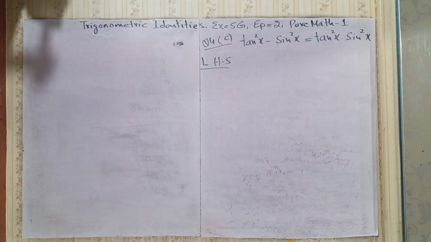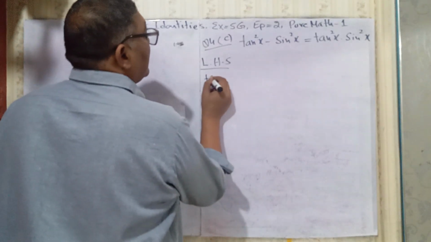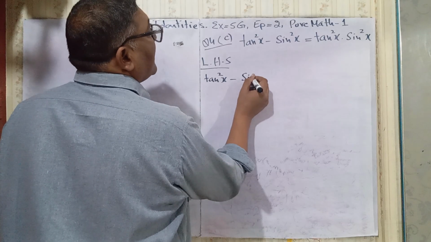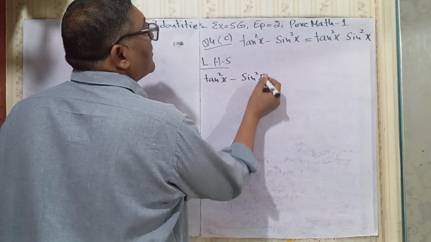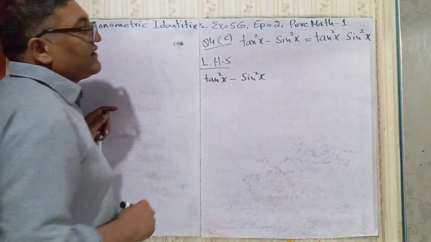Okay, so we will consider the left hand side. So you will have tan square x minus sine square x. I want to show both the things.